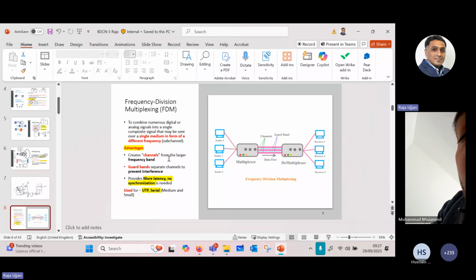You might have heard of frequency. Frequency is very common right now, wherever you are every day, even in a hospital, a railway station, an airport, or any restaurant.